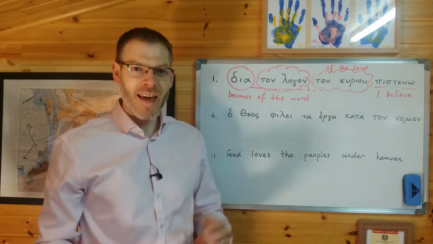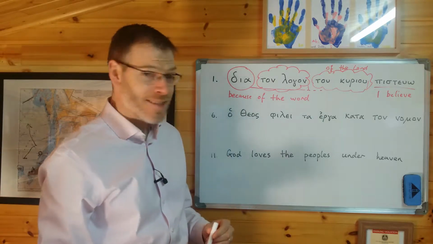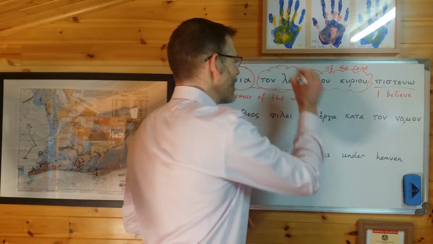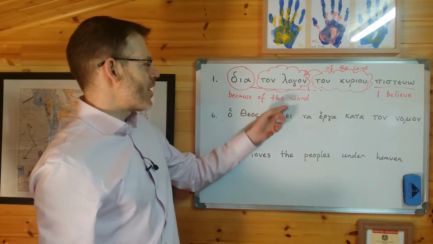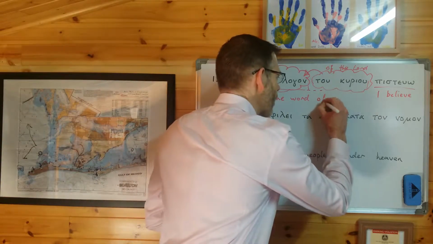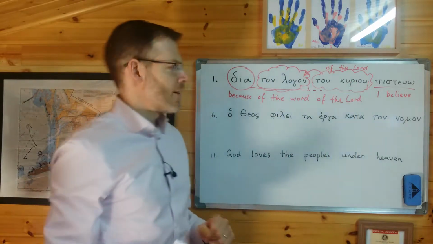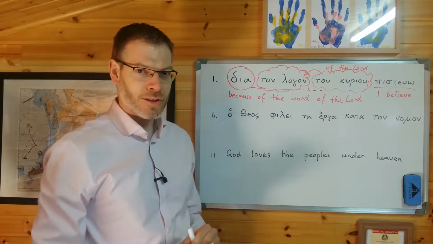But how does it relate to the other parts of the sentence? Well, in this instance, it relates directly to what precedes, ton logon, and so because of the word of the Lord, I believe, or I believe because of the word of the Lord.